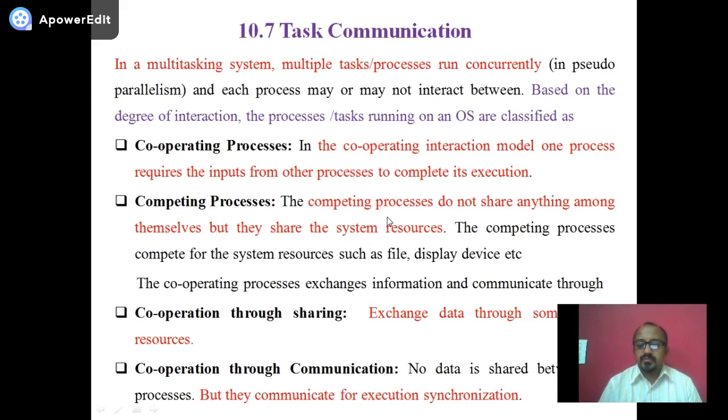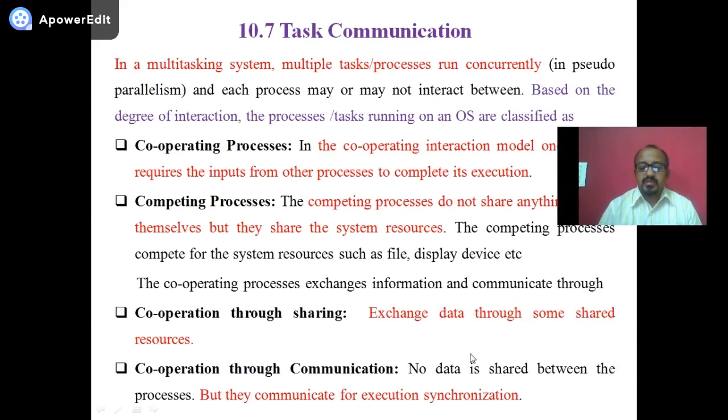Cooperation through sharing, the same thing: they exchange data through some shared resources. So how can the keypad program share the information that this particular key is pressed to the display? They have to share the data through some common shared resources in between.